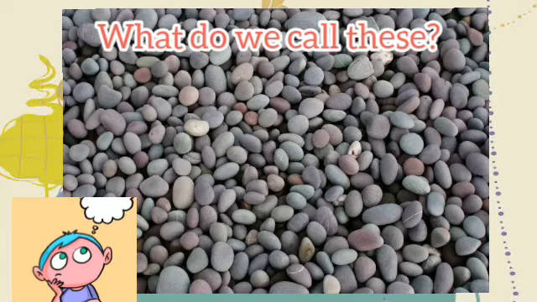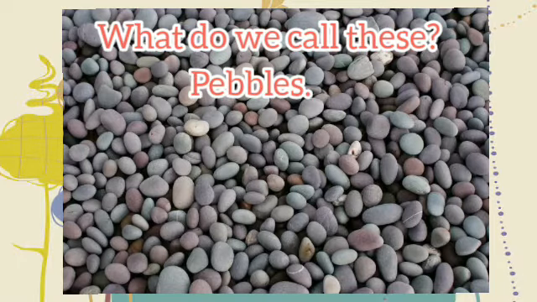Look at the picture carefully, my dear students. What are these? Round, smooth. Yay! They are pebbles. You all have seen pebbles? Yes? So, pebbles are the small pieces of rocks.